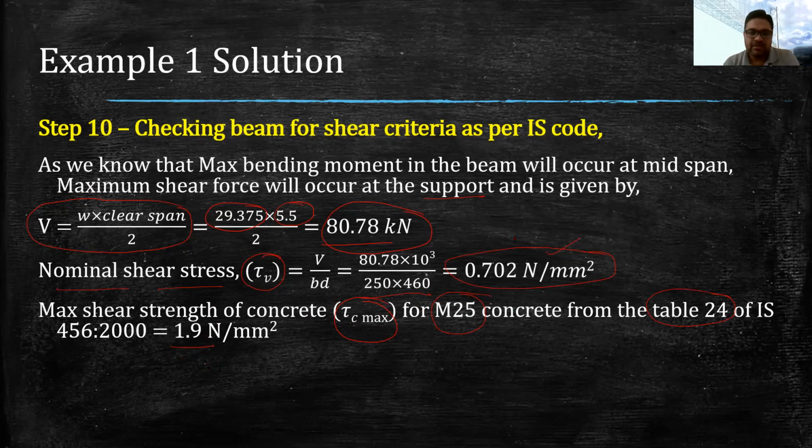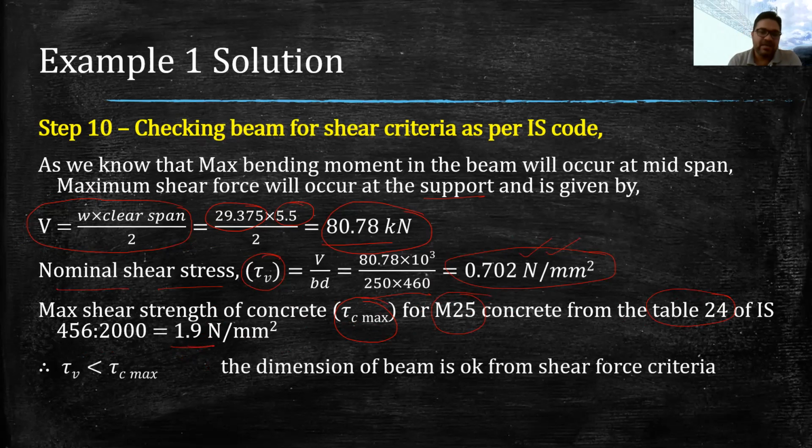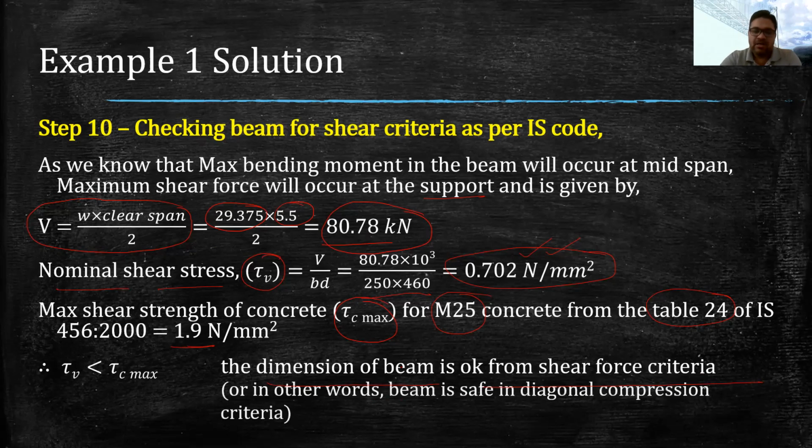You can see here the tau v value is less than 1.9 N/mm square. As the value of tau v is less than tau c max, the dimension of the beam is okay from the shear force criteria, which means the size of the beam is okay. Or in other words, the beam is safe in diagonal compression.